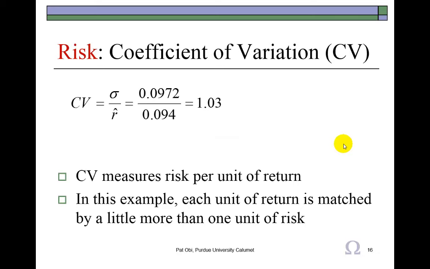And as well, you can calculate the coefficient of variation, which is going to be the standard deviation divided by the expected return, which is the mean of the distribution. And in this example, we have it showing to be 1.03, which tells you that each unit of return goes with a little over 1 unit of risk.